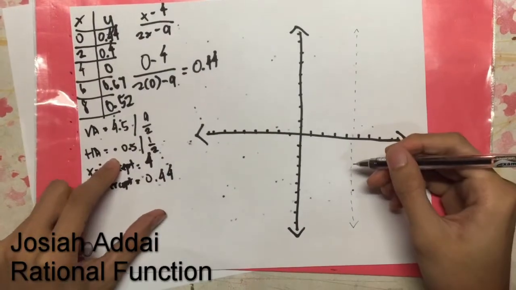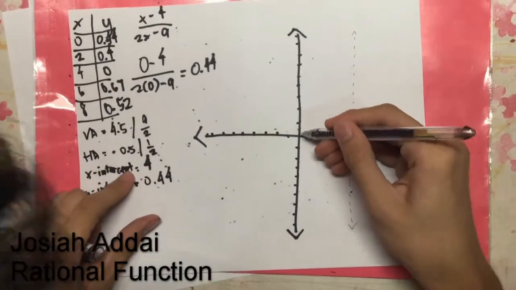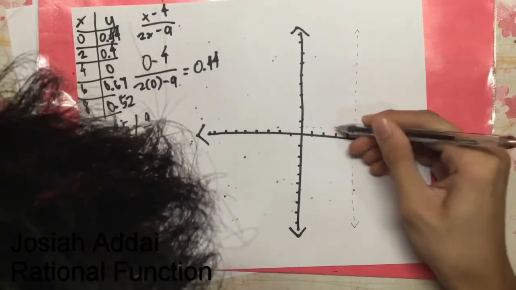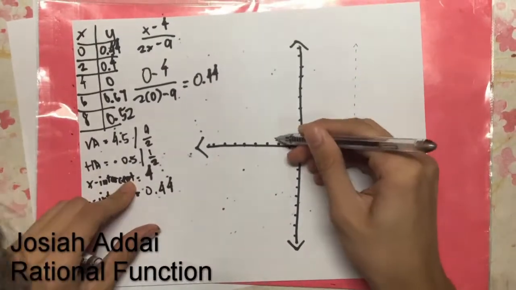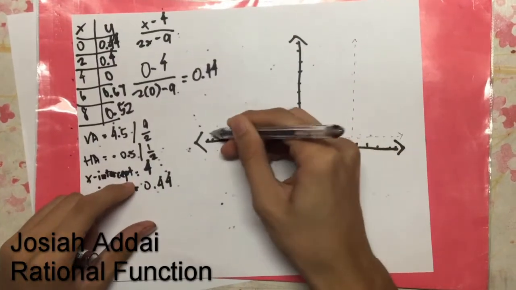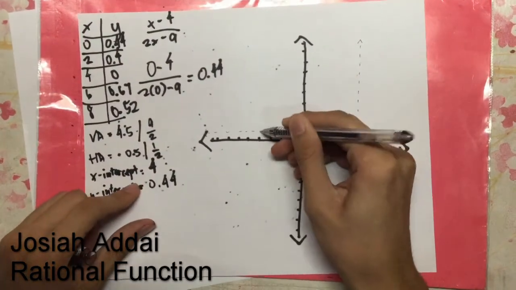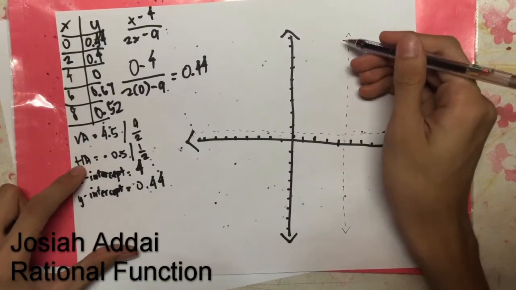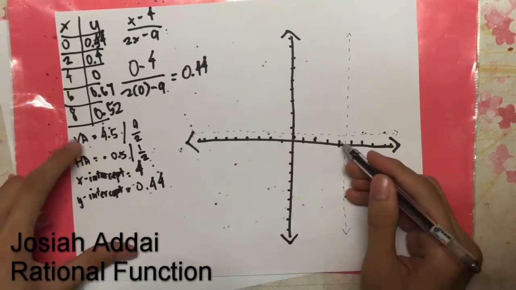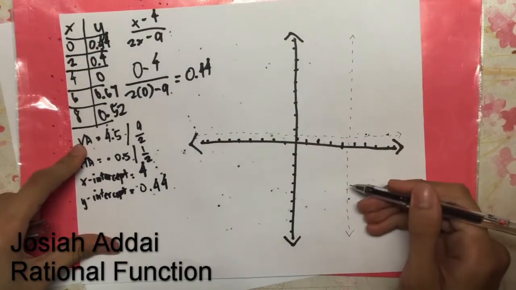And the horizontal asymptote will be 0.5, so it'll be here. This will be the horizontal asymptote, and this will be the vertical asymptote.